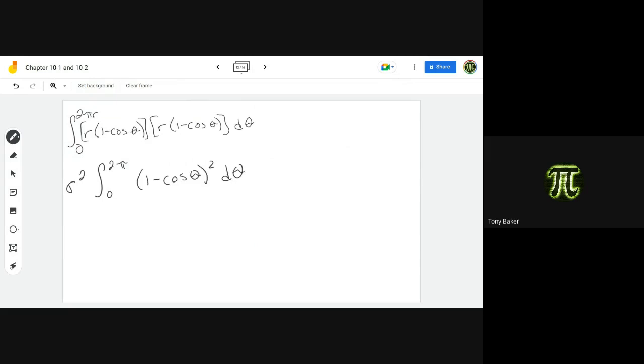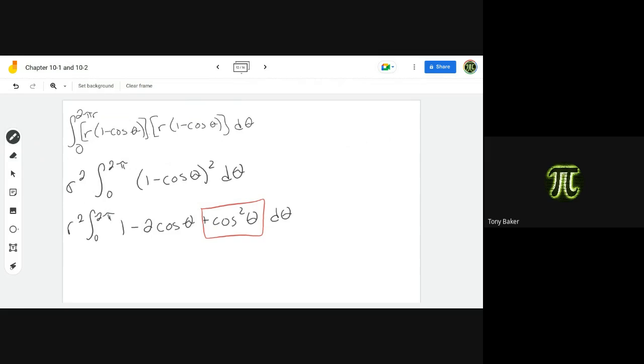And yes, you will need to know the double angle. You will have to use a double angle rule. So step 1, FOIL it out. And now you have to do something with that.